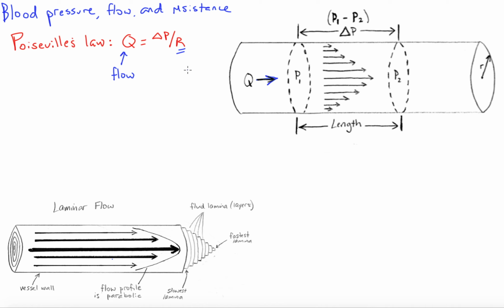And again, let's just go back to a simple example before we get into the details. If we start to exercise, we want blood flow to our muscles to go up. Well, one way to have that happen would be to increase our delta P. Remember, we said your blood pressure is directly proportional to flow. So we could make flow to our muscles go up by doubling our blood pressure, and you'd get a doubling of flow.